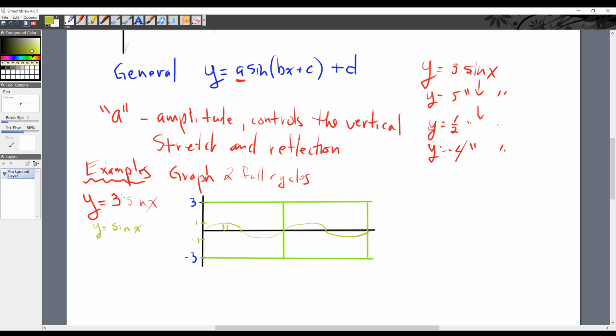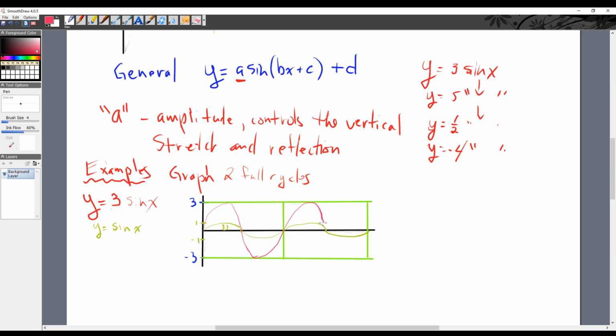But if we think about 3 sine x, it's very, very similar. But instead of only being limited to being 1 away from the x-axis, it can get 3 away from the x-axis. So it can reach all the way up to 3, but it has to follow the same period length, so it has to cross through the x-axis in the same places.